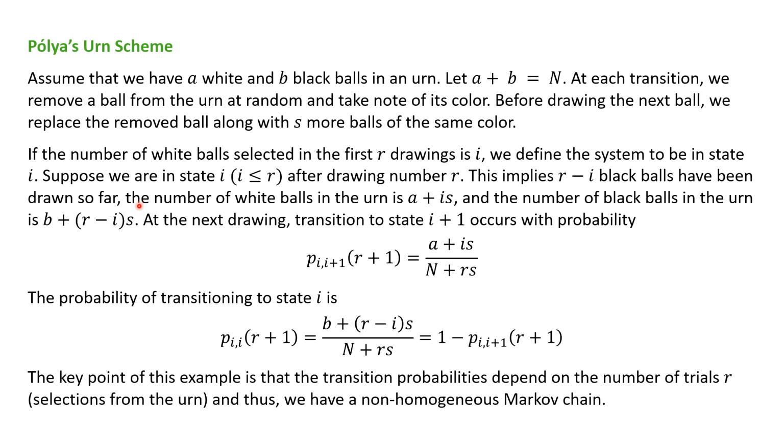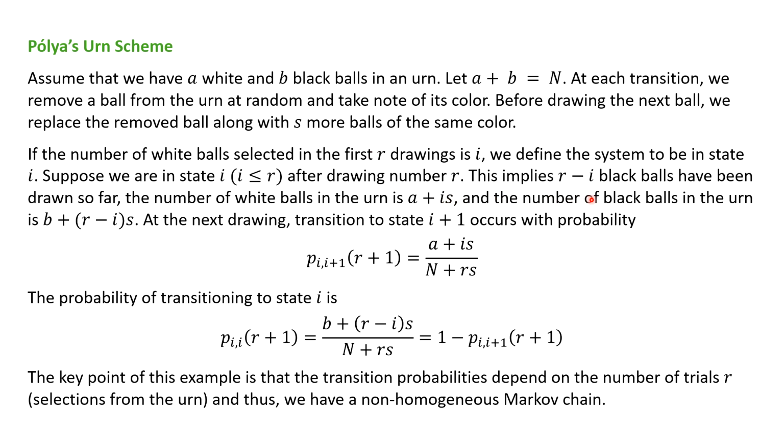The number of white balls in the urn would be A, which is what you started with, plus I times S. So each time you draw a white ball, you add S more, I times S more.